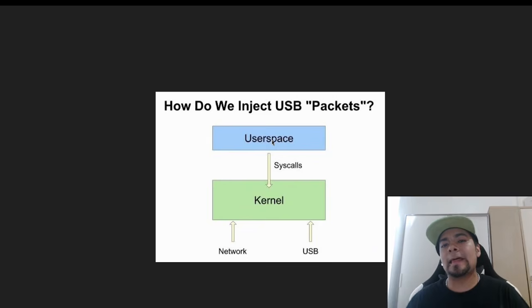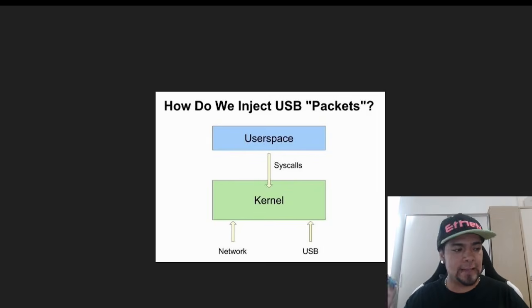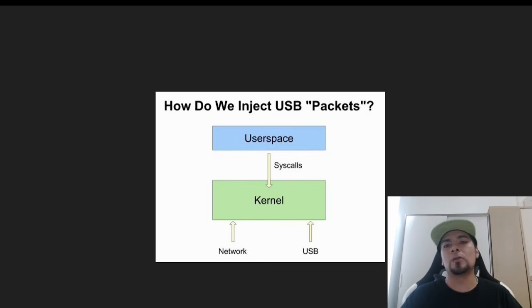Because remember, the communication happens between the host controller in layer 0 and the hardware. So the communication starts when you connect a pen drive, when you connect a USB device. You cannot do this by default from user space. So the question is how you are going to do fuzzing of the USB stack if the communication starts from outside.